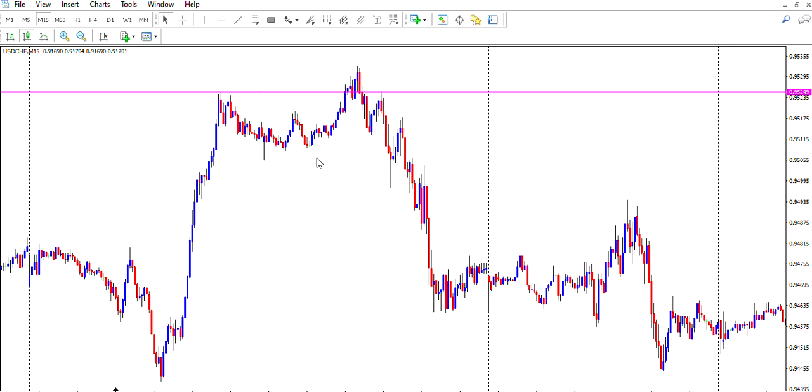Now, like I said, we're going to use what we call a Quasimodo, or a turtle soup, in order to enter the trade, because what happens at the tops or at the bottoms, at the daily highs and daily lows, is that the price normally zigzags. Stops are being taken in both directions, so you need to be patient.